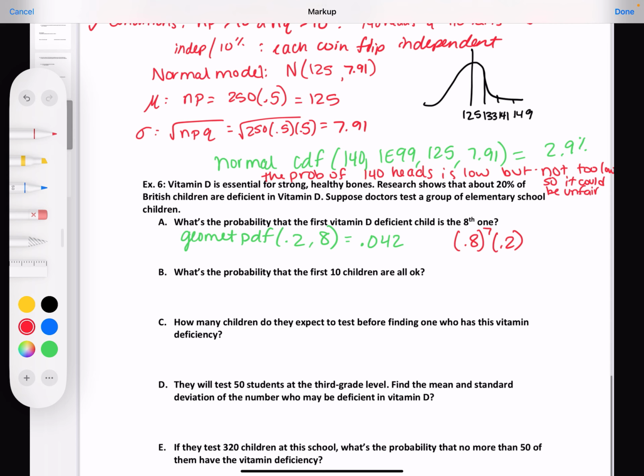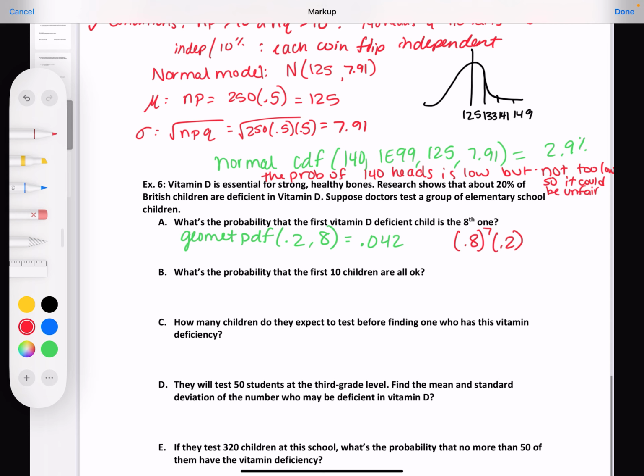So then the probability that the first 10 children are all okay would be what? So you plug in PDF 0.8 and then put 10.